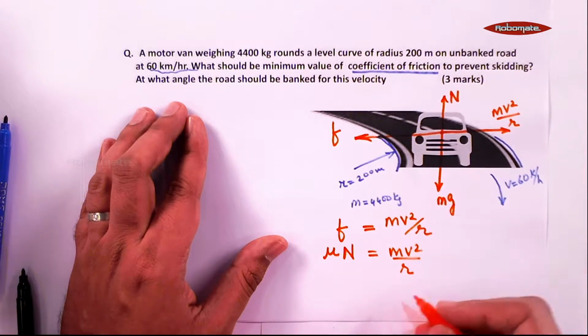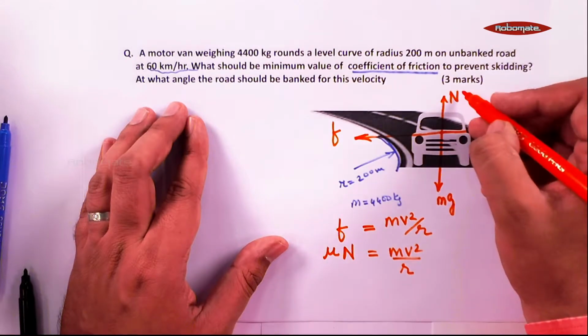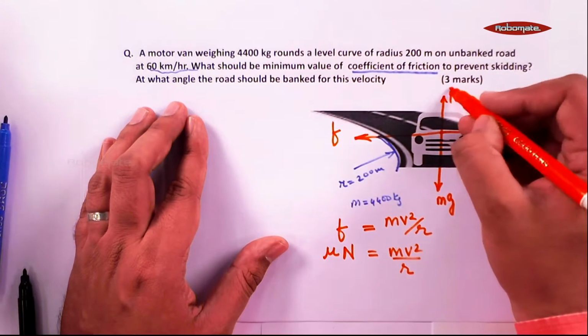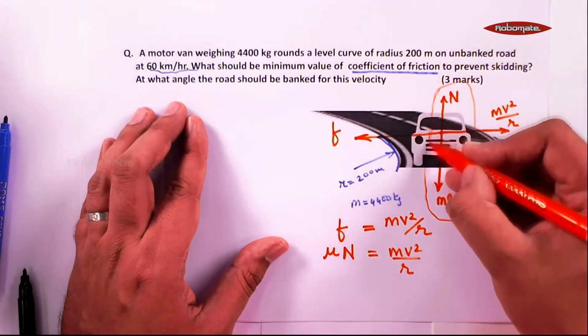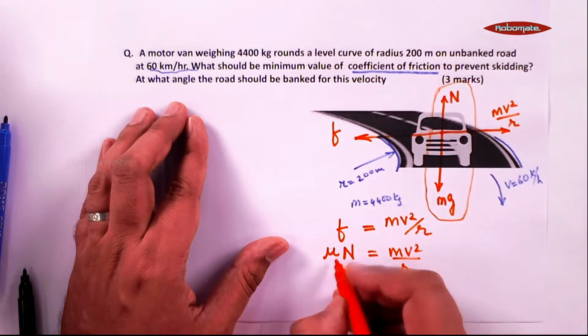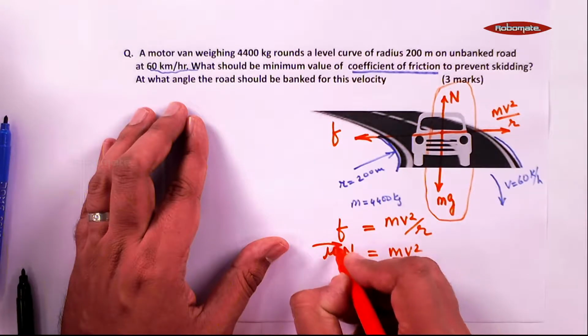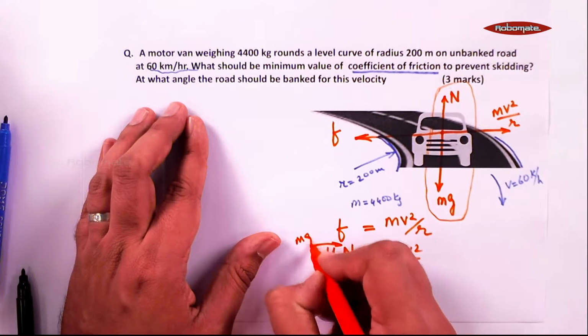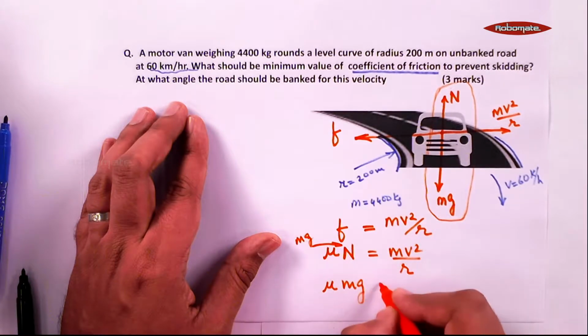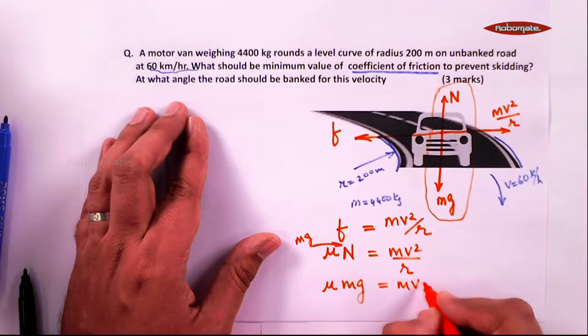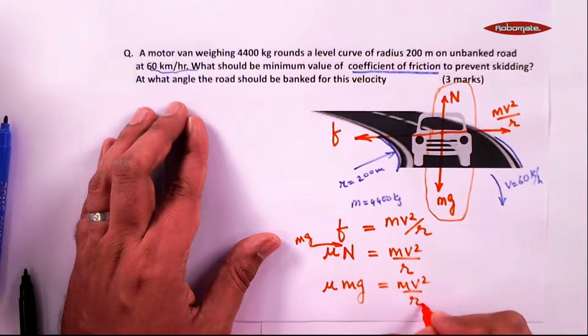Now look at the diagram again. From the diagram we can see that the normal reaction is equal to the weight. So over here this normal reaction can be written as mg. So if I just write that, I get mu mg is equal to mv square by r.